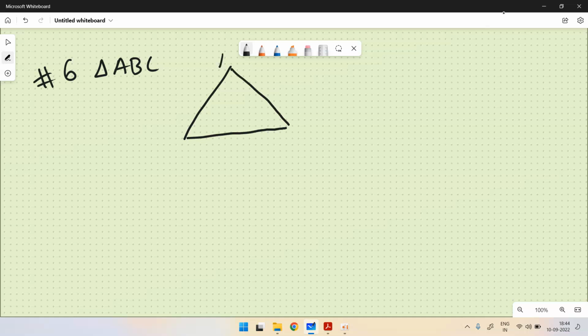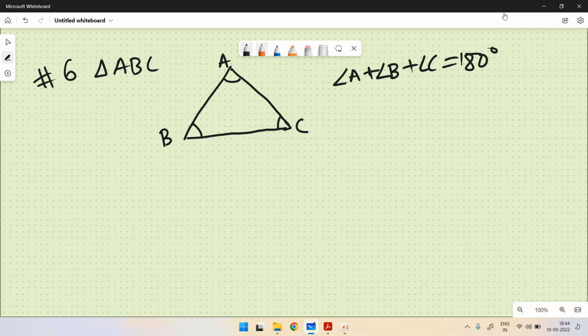This is A, B, C. These are the interior angles of a triangle, and you know that angle A plus angle B plus angle C equals 180 degrees. The sum of interior angles of a triangle is 180 degrees.